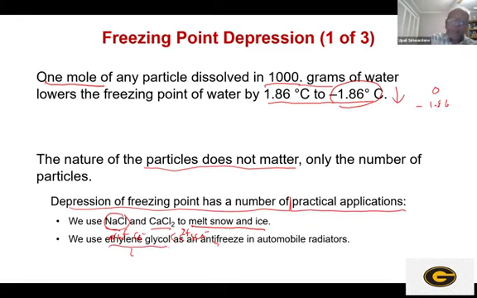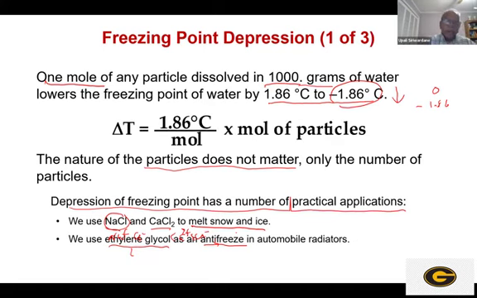Ethylene glycol, antifreeze used in automobile radiators, is also an example of how you use freezing point depression in practical application. The constant we talk about is this.